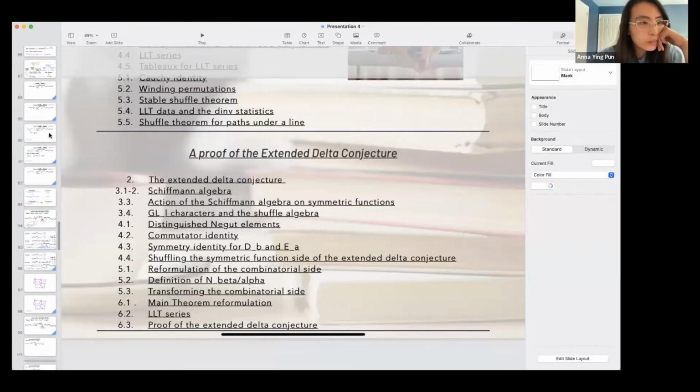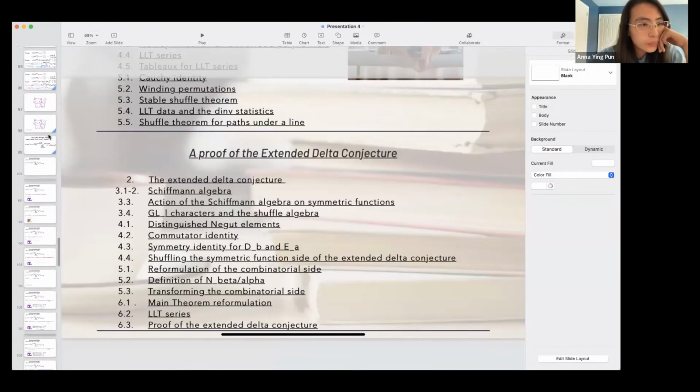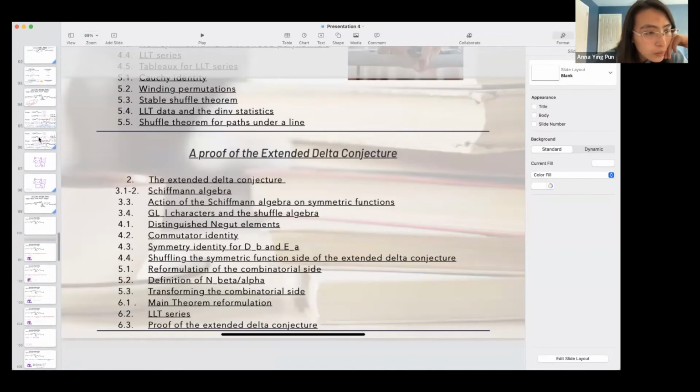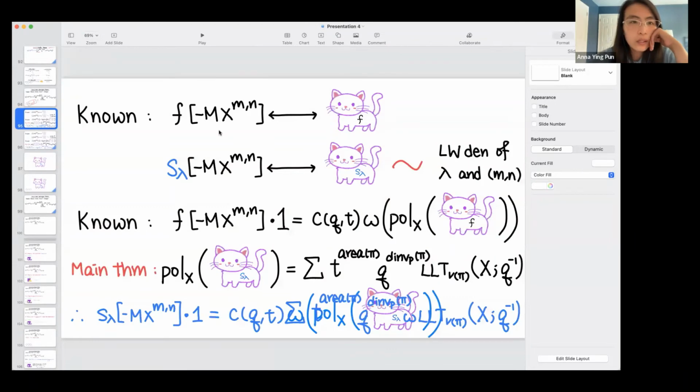Yeah, so let's see. If I go back to my slide, remember the Schur Cat. Let me share screen again. All right, so the proof here, this is actually the whole thing.